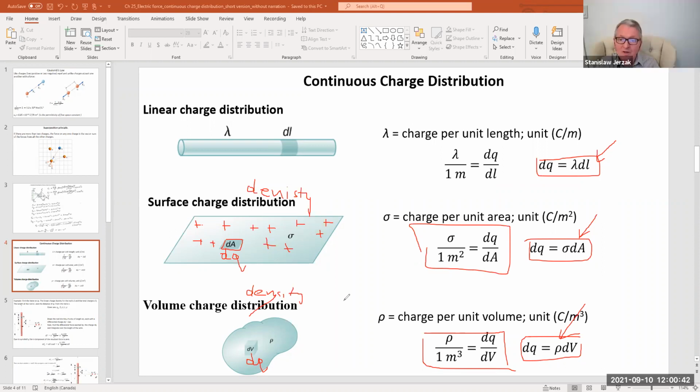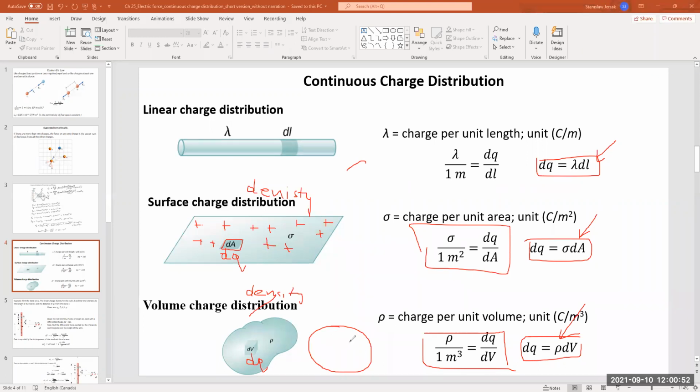Yeah. So if the volume is just the sphere, let's say, if that would be the volume of the charge, then you can treat the entire charge in that volume as if the entire charge is at the center of the sphere. And this is only correct for the sphere. Remember, not an arbitrary shape, only for the sphere.